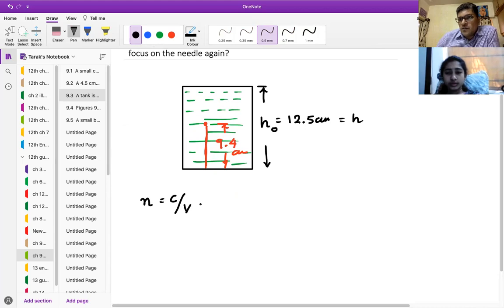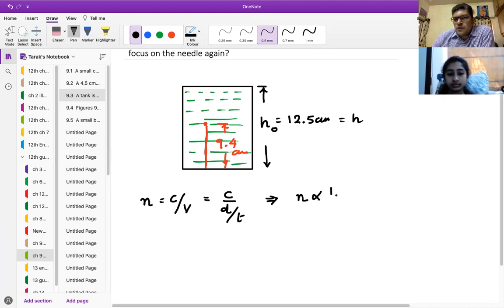Refractive index has two definitions: one is the relative refractive index, from which medium to which medium, and the other is absolute refractive index, derived from the velocity in the medium and the velocity in vacuum. C is constant. Velocity is distance divided by time, so n is proportional to 1 divided by distance.